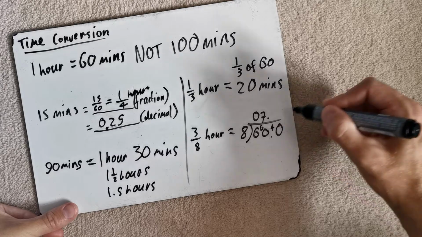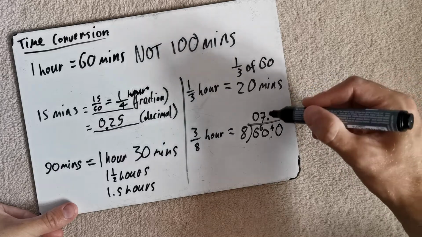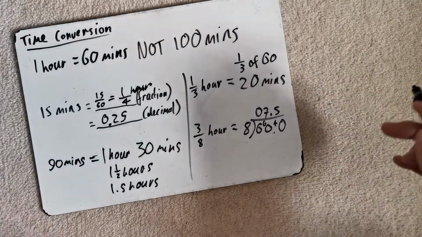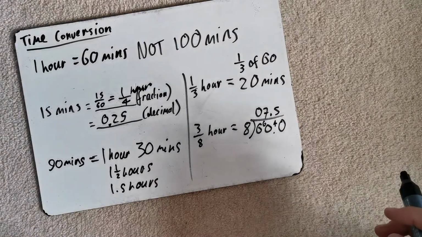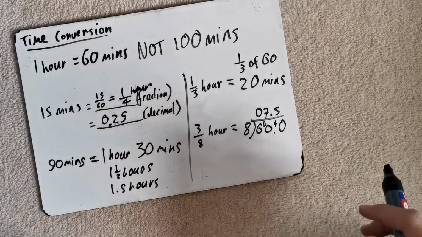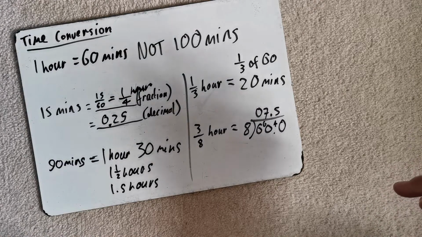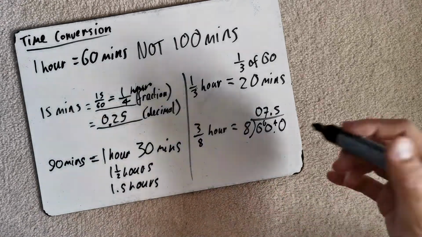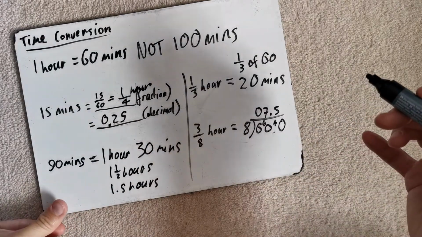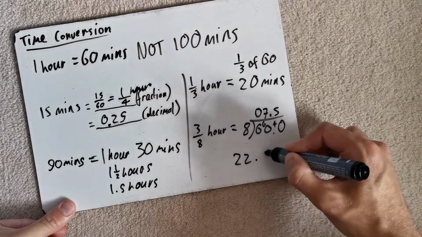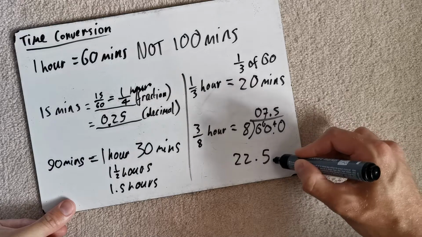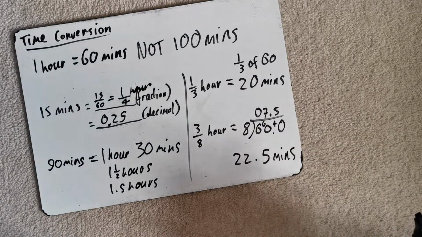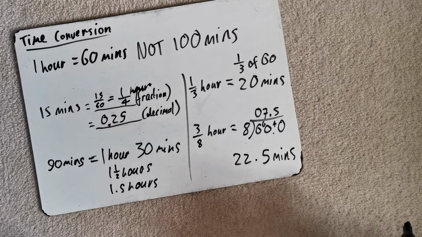And 8 into 40 goes 5 times. Okay, so 1/8 of an hour is 7.5 minutes. Times that by 3, and you're going to get how many minutes 3/8 of an hour is going to be. So 7.5 times 3 would be 22.5 minutes, 22 minutes and 30 seconds. I hope that's right. Yeah, it's right.